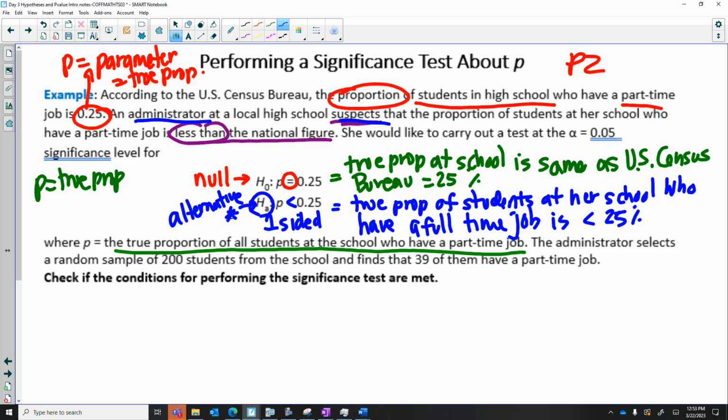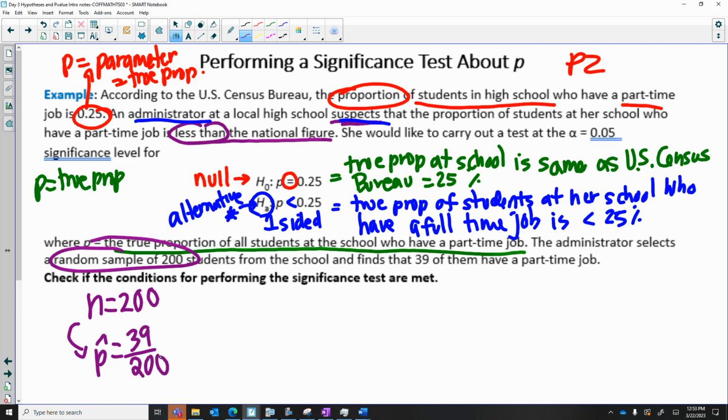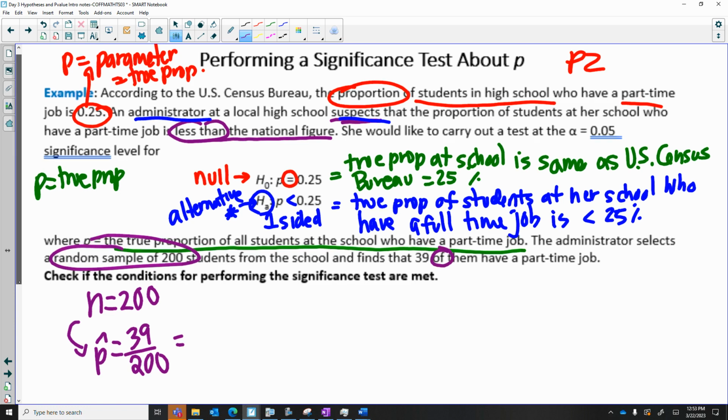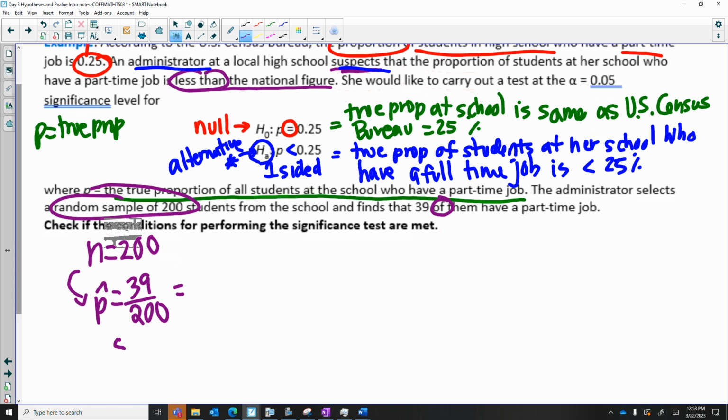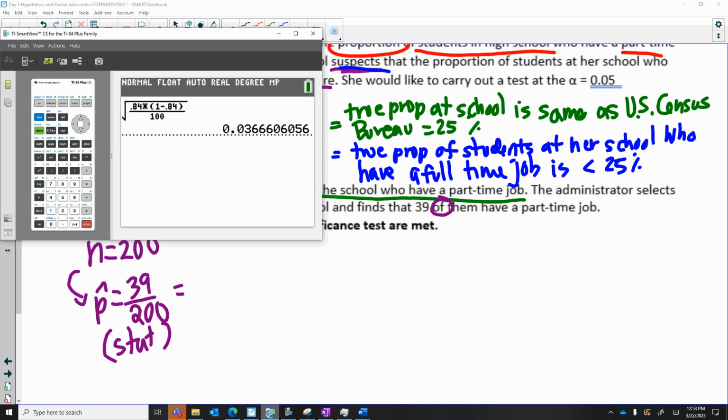So now it says the administrator selects a sample, a random sample, remember that's important, of 200 students, that's n, and finds that 39 out of them, so we're going to do a proportion, and that's going to be called p hat, by the way, because we have an "of," we know that it is a dividing situation, and it is a statistic because it came from the sample, and we're going to get our sample proportion, 39 out of 200.